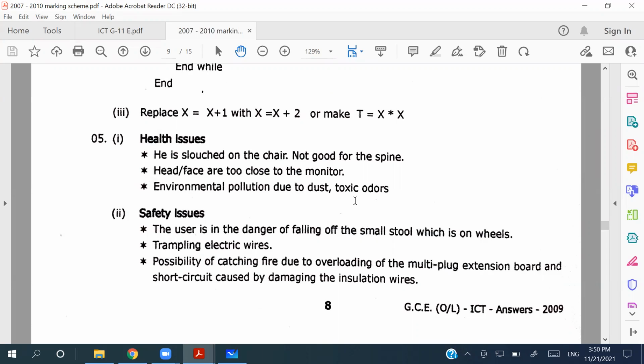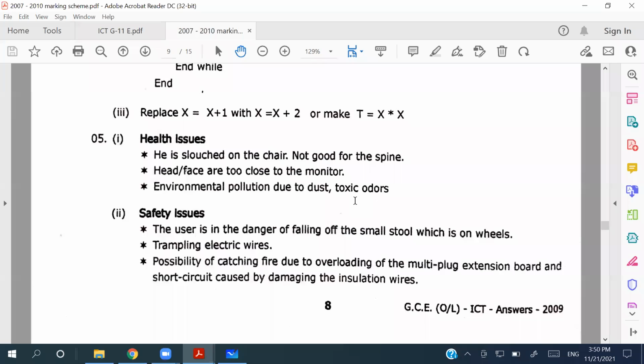And if you got any alternative answers, just let me know. Stress and all these things cannot be said over here, because we can't see any direct clue to say that he is having stress. So we can't take repetitive stress injuries as a reason. But clearly computer vision syndrome can be there.